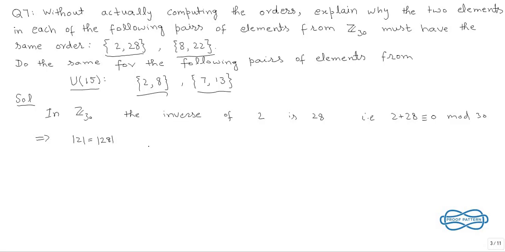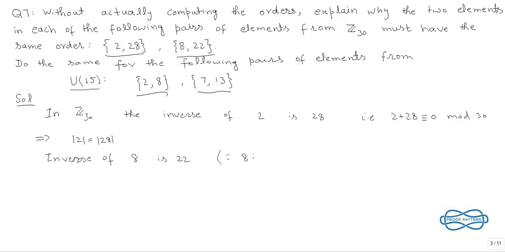Similarly, the additive inverse under modulo 30 of 8 is 22, because the sum of 8 and 22 is congruent to 0 mod 30.